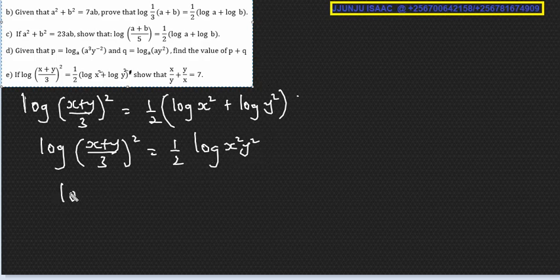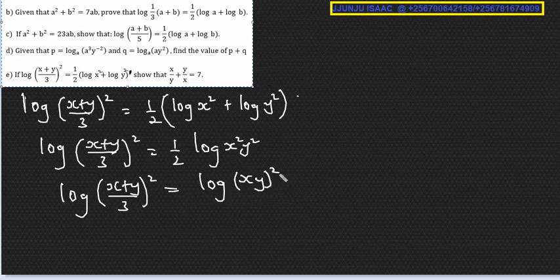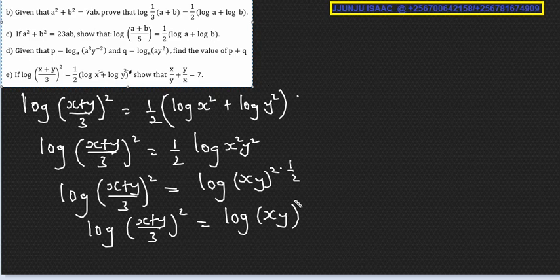So this is going to be log of (x plus y over 3) squared equal to log of (xy) squared, then when I take the power it will be a half. So we shall get log of (x plus y over 3) squared equal to log of xy.